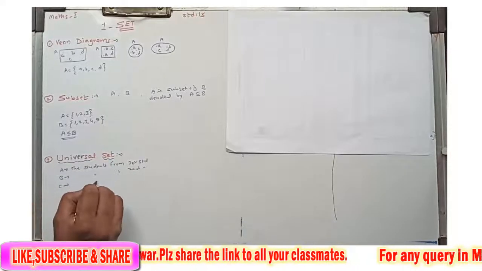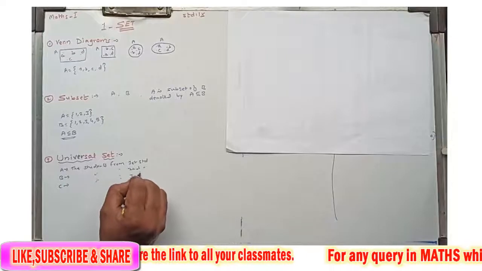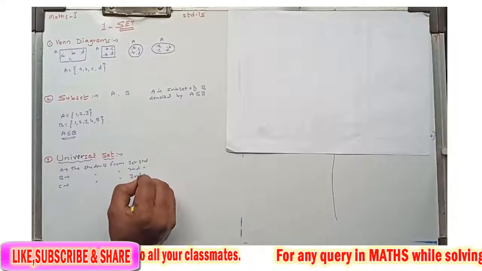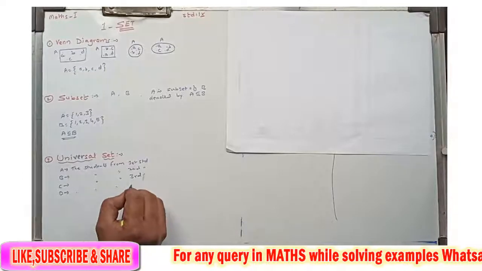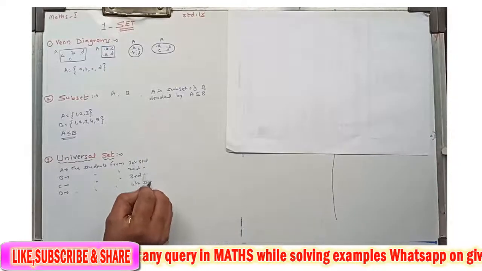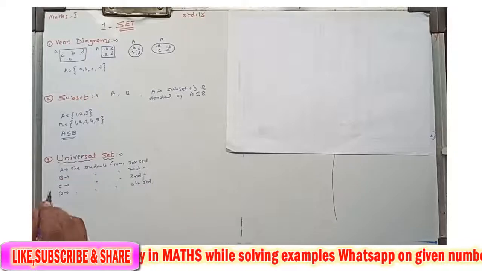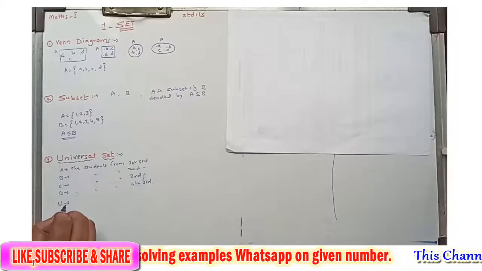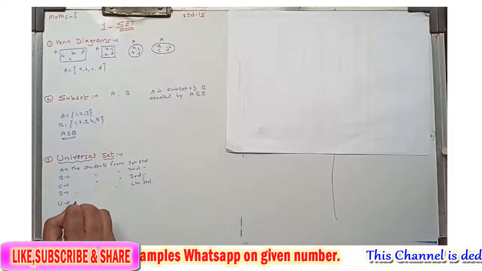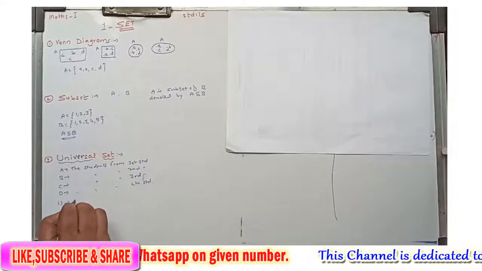Set C, the students from third standard. Set D, the set of students from fourth standard. And we consider the universal set, which is denoted by U.